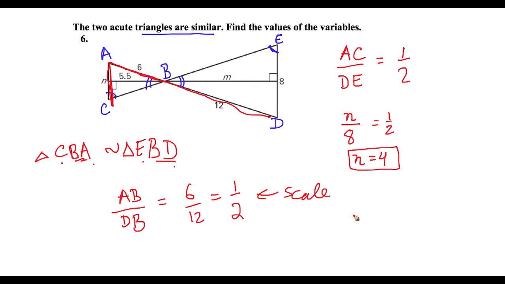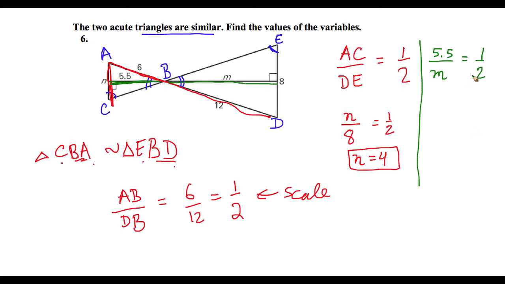And we can proceed yet again with the remaining side length here. Let's look at this right here. This is the altitude or the height of the triangle. That's 5.5 for the first triangle, and m, the missing length, for the second one. So we could say, and I'm going to just draw a line here, 5.5, the height of the smaller triangle, over m, must be equal to the scale, so 1/2.